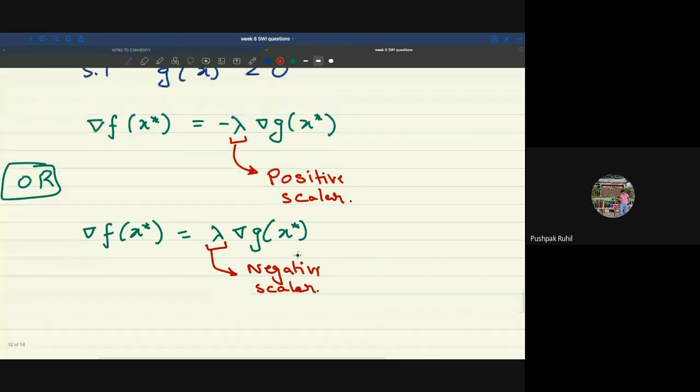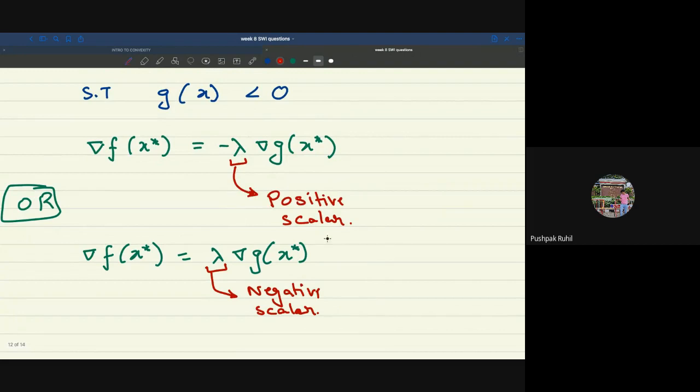I generally prefer the second approach, where I completely remove the negative sign from outside. This is what I personally do. But if you think the other is easier to remember, you can do this as well.